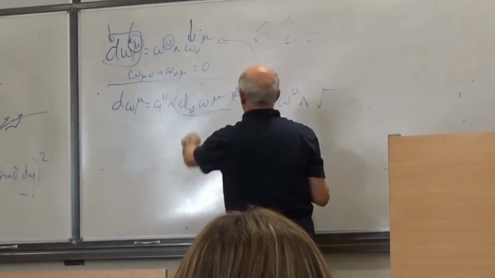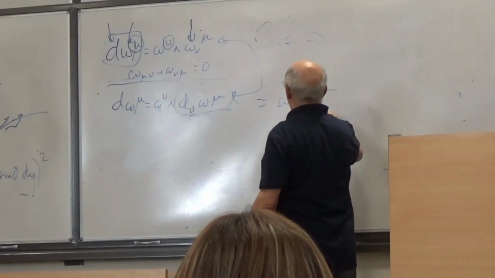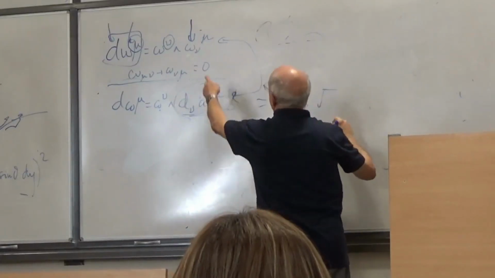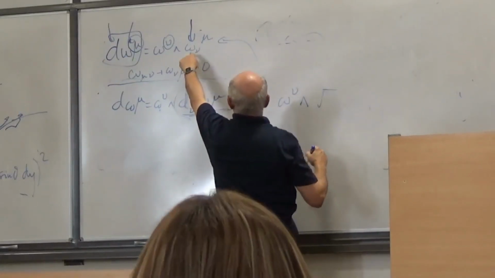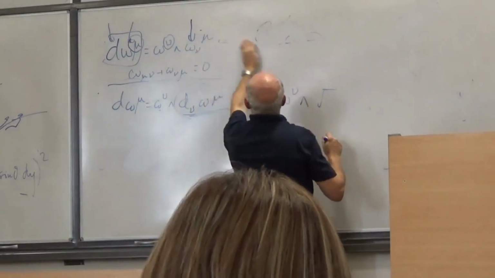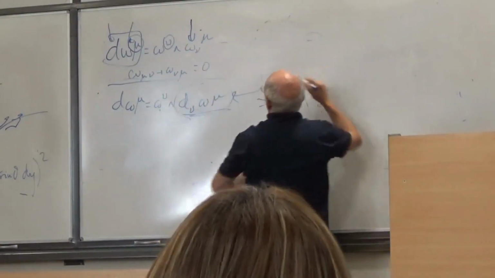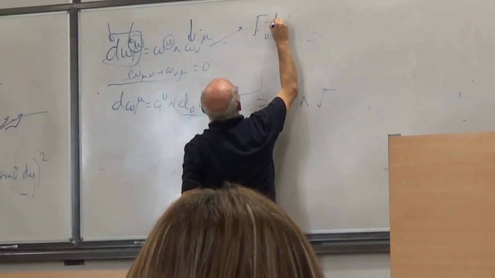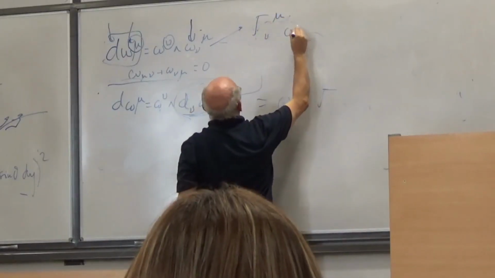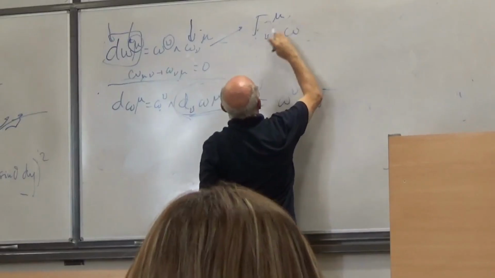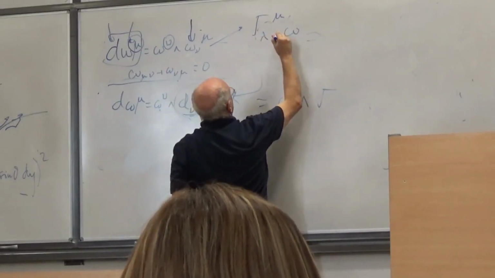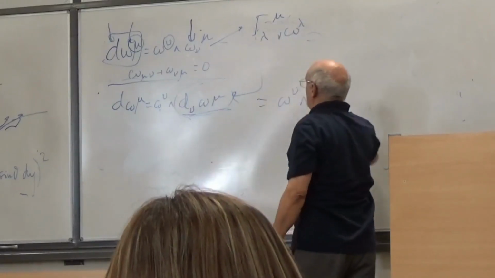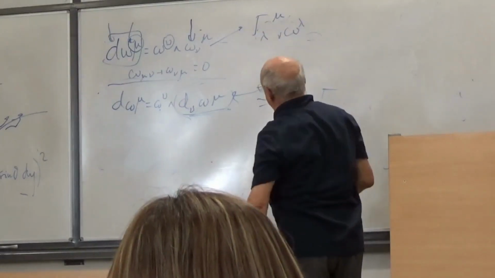What is gamma d omega mu equals, where am I? I'm here. These are of the form gamma mu omega mu, or use omega lambda. And these are going to be also of the same type.